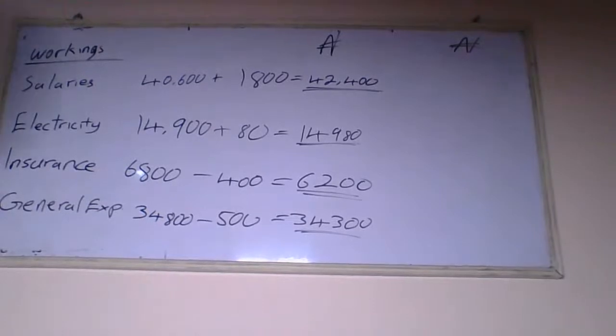Next, the additional information is saying we should adjust the provision for bad debts to 2% of receivables and create a provision for discount allowable at 1% of the receivables.